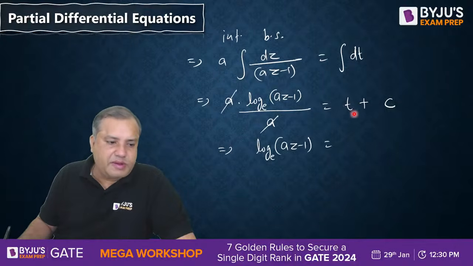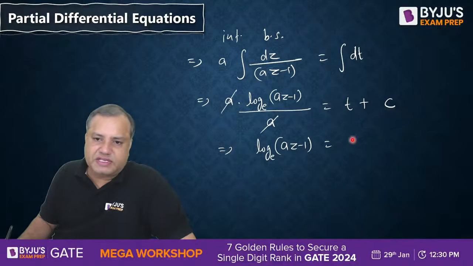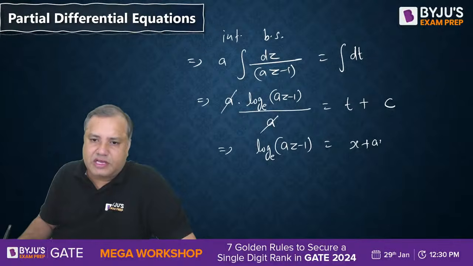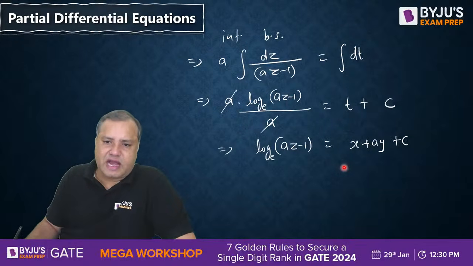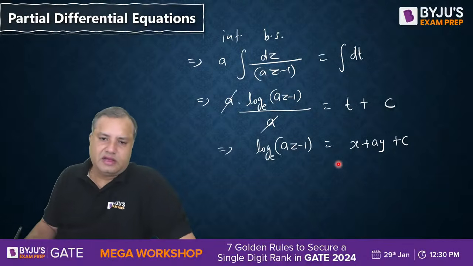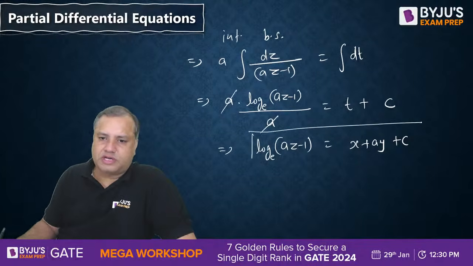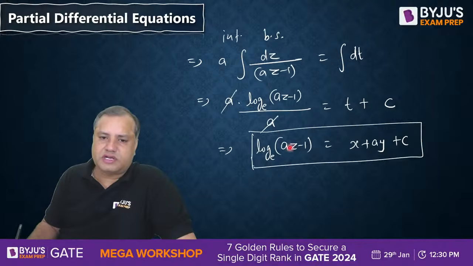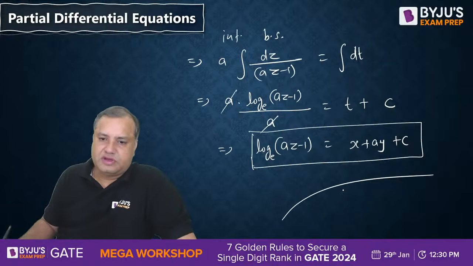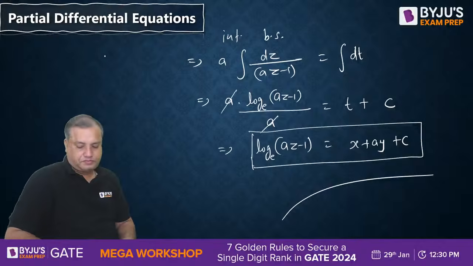And students, remember that this t is x plus ay, a linear combination of x and y. As I already said, the solution will contain only two arbitrary constants. So here also you can see two arbitrary constants, a and c. This is the required solution.